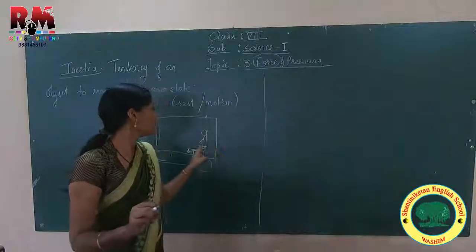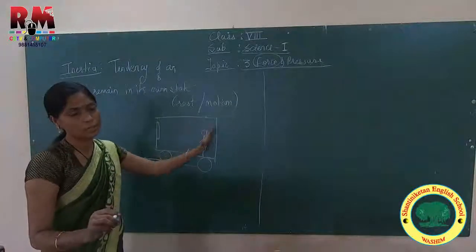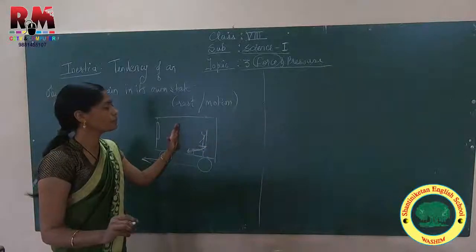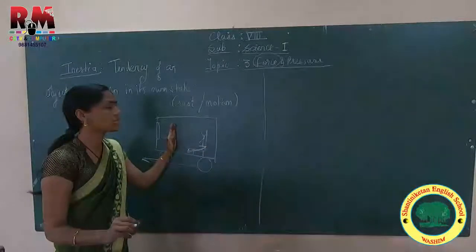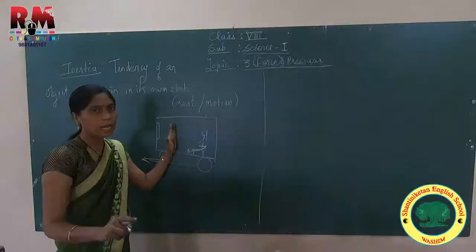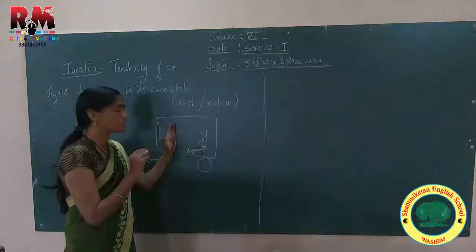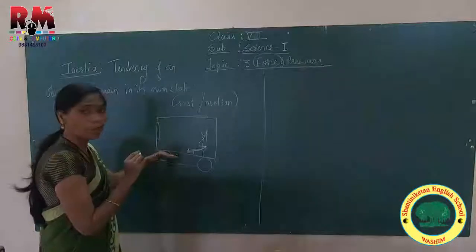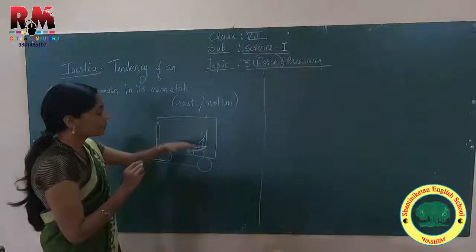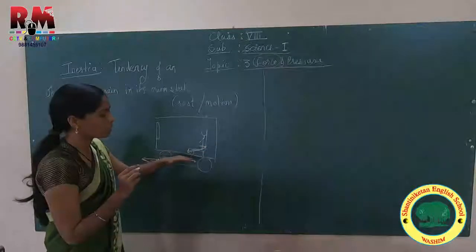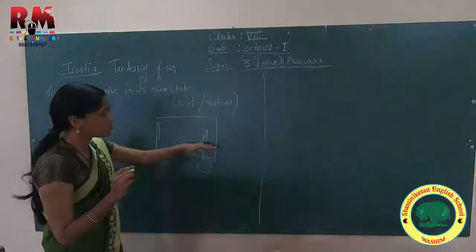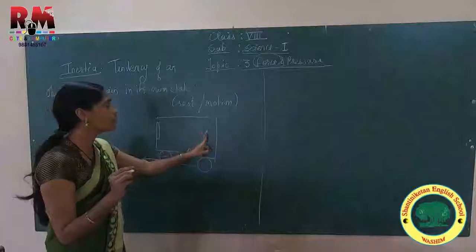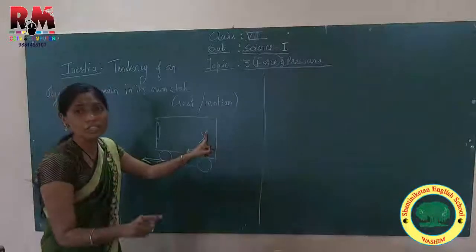Because you are in a state of motion. You are moving, and your body is having a state of motion, and suddenly the brakes are applied. After application of the brakes, the bus will stop. The lower part of the body is in contact with the bus, so it will stop, but the upper body still has its inertia.